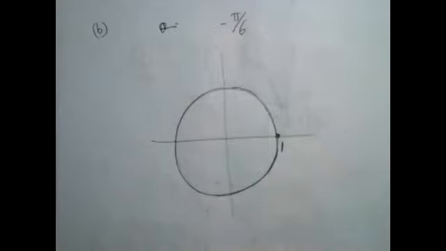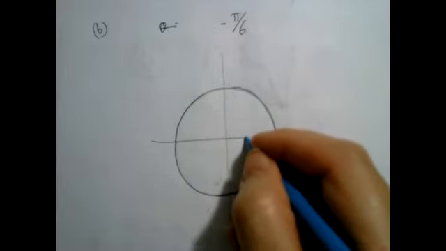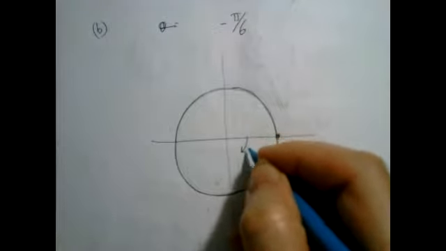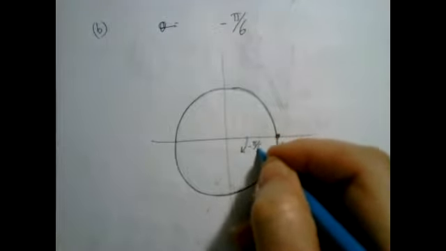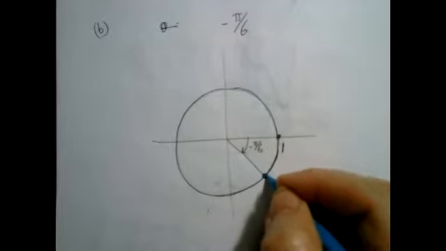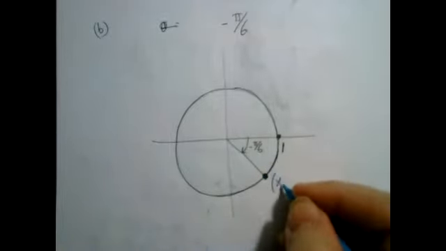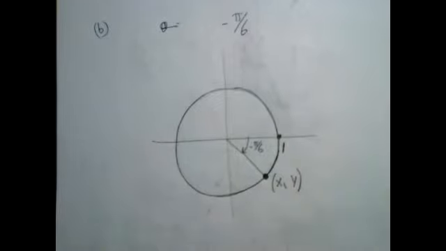That's 1. Minus pi over 6 means we start and we go clockwise. Pi over 6. So that's minus pi over 6. It means minus 30 degrees. We end up at a point right there. And the question is, I need to find the x and I need to find the y.